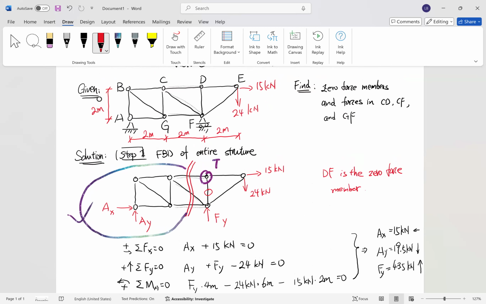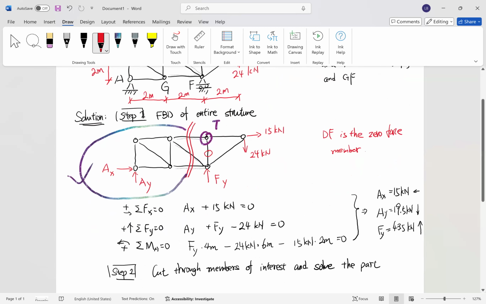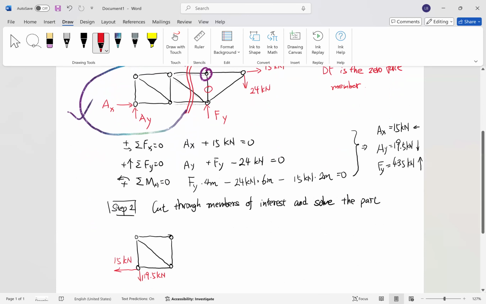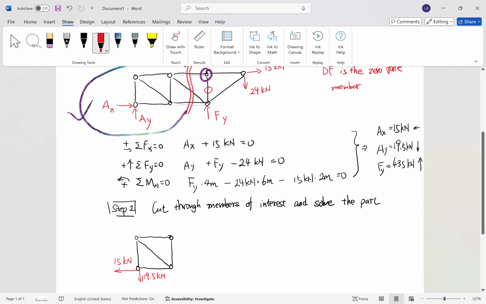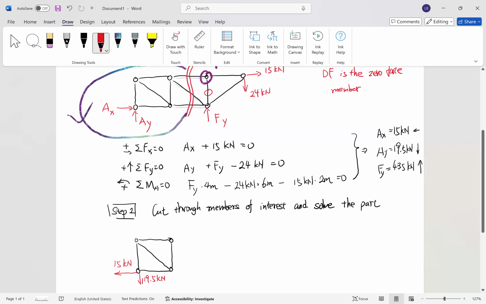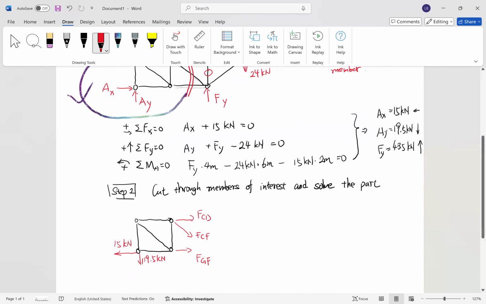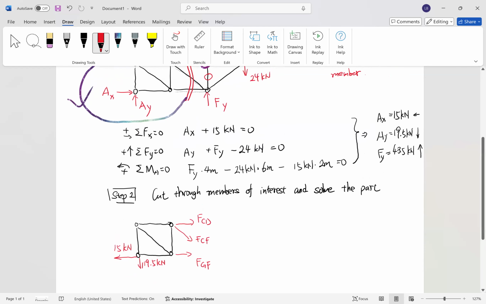Therefore, by cutting through the members, you expose the corresponding internal forces in the truss members, right? So we also expose FCD, FCF, and FGF. Okay, so now it is the free body diagram that we have.